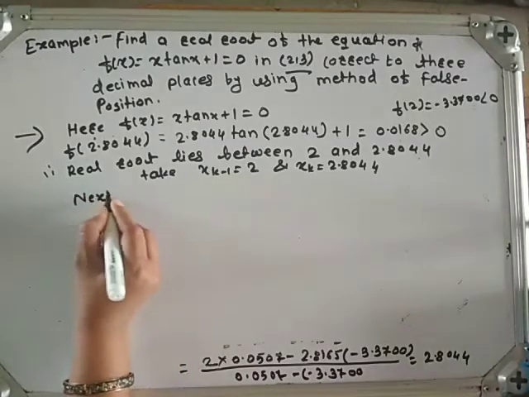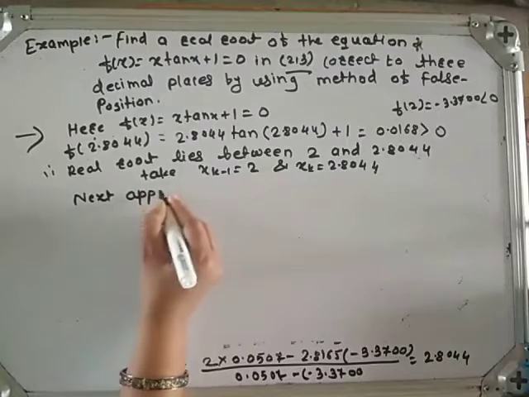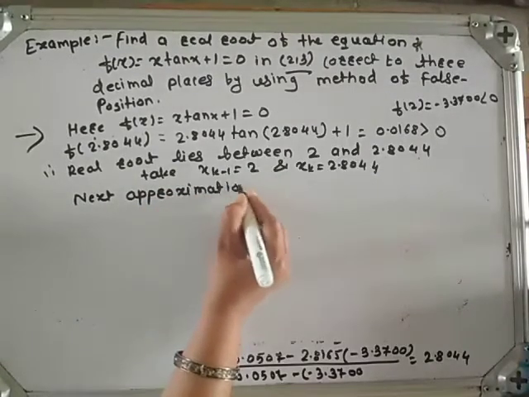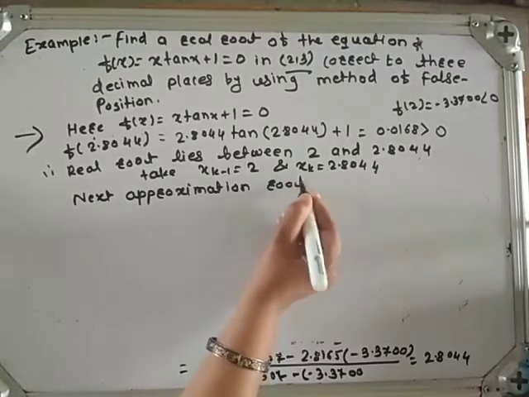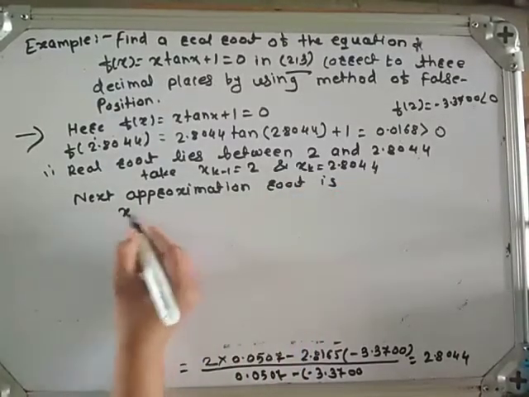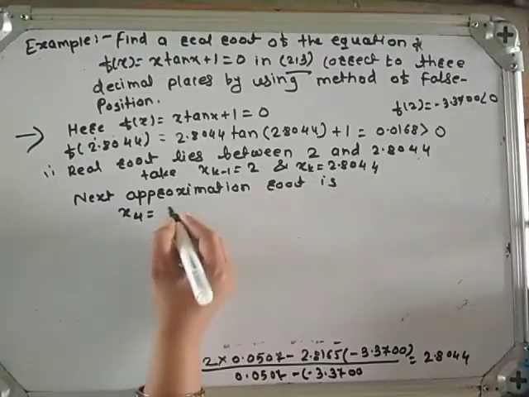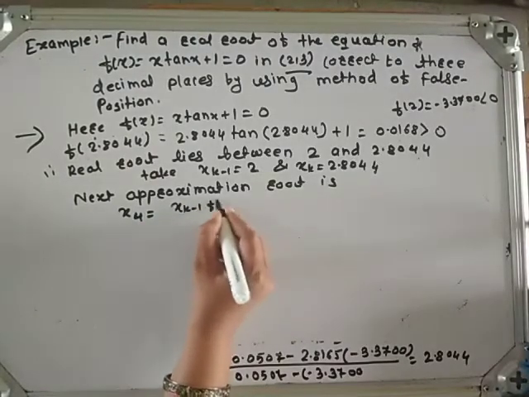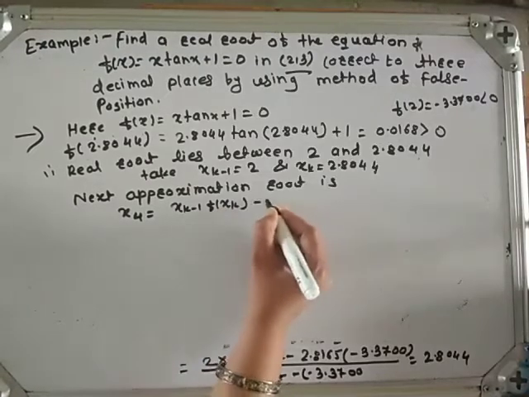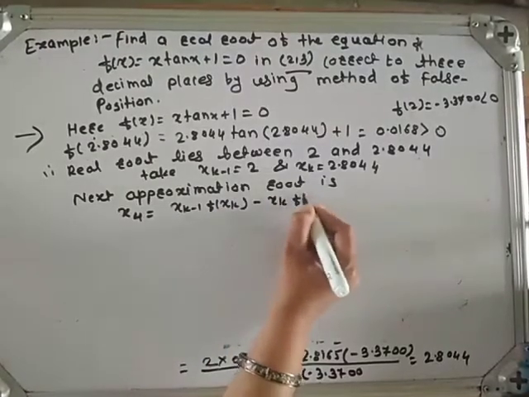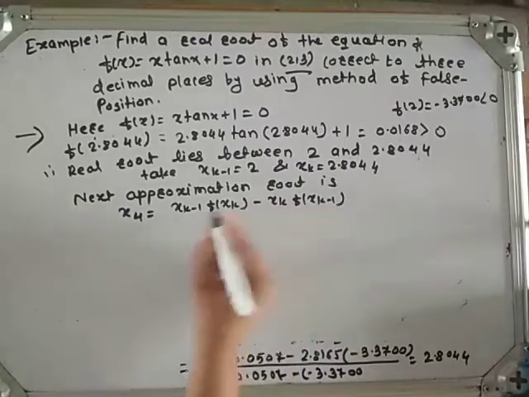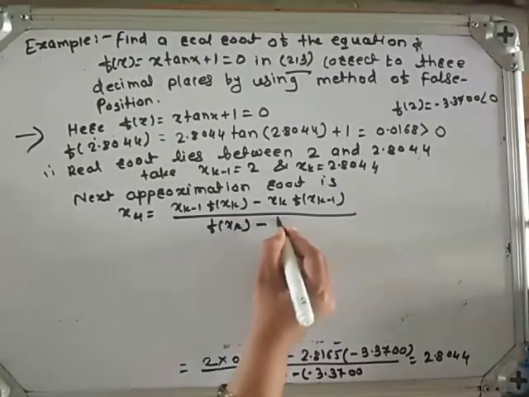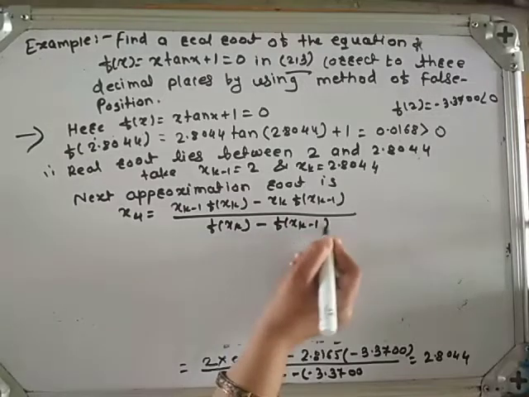Therefore the next approximation root is x4, which is equal to xk minus 1 into f of xk minus xk into f of xk minus 1, upon f of xk minus f of xk minus 1.